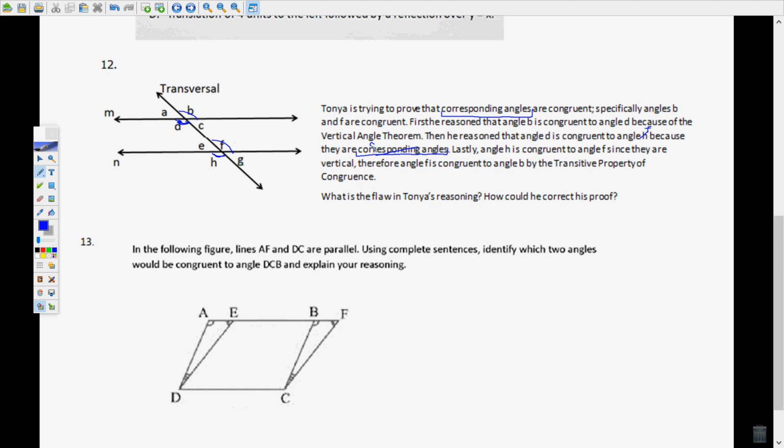You can use another type of angle in your proof, but you cannot use the same type of angles to prove what you're trying to prove. So since D is congruent to angle F, and angle F is congruent to angle H because they're vertical angles, then angle F is congruent to angle B by the transitive property of congruence.